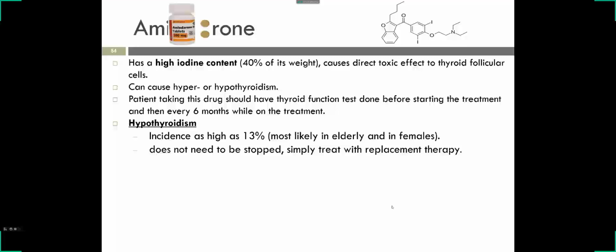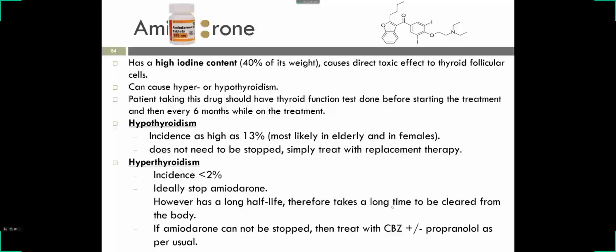Hypothyroidism incidence can be as high as 13% in patients being treated with this drug. The drug does not need to be stopped. It's simply that you need hormone replacement. So for this small percentage of patients, you would combine hormone replacement therapy with treatment with the amiodarone drug.